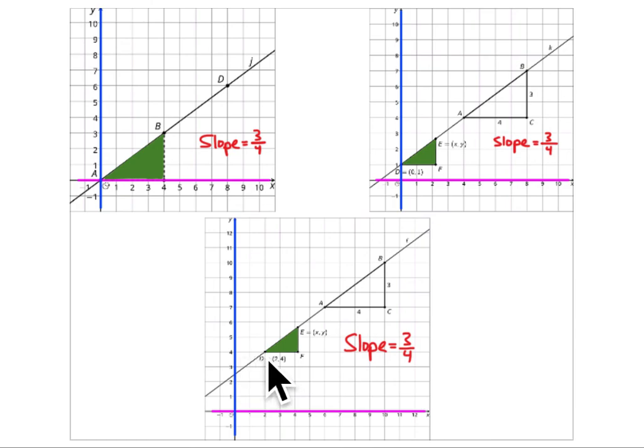You have to get rid of those 2 units, and that's going to equal this same ratio of 3 to 4. So 3 different lines, all with the same slopes. They're going up at the same slant, but they all have different equations. So this is activity 3 from lesson 11.